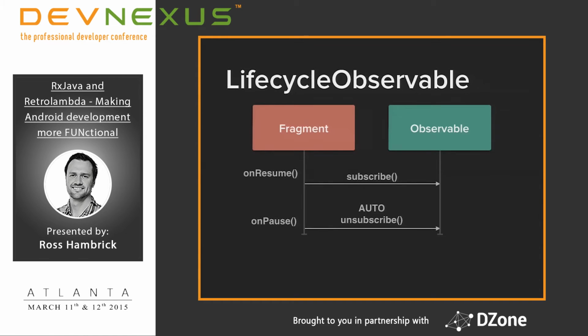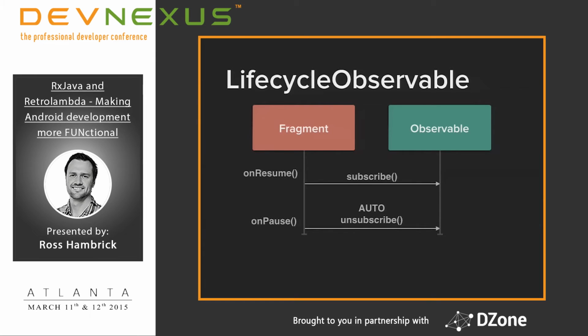And then the lifecycle observable. There are different ways to achieve whatever you're trying to achieve, but one of the default ways is, let's say you subscribe to an observable inside of onResume. If you're not familiar with the Android lifecycles, there are startup events, create, start, resume, and then the equivalent teardown events, pause, stop, destroy.